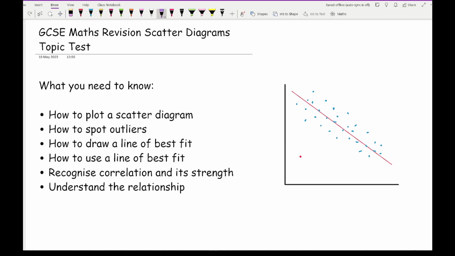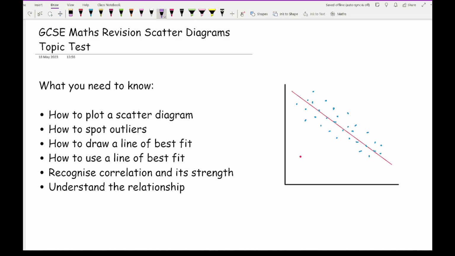The next thing you then need to know is to recognize correlation and its strength. So positive, negative correlation, know when it's weak and when it's strong. And the last thing you then need to be able to do, once you recognize that there is correlation, is to recognize the relationship. In GCSE questions there is a massive difference between how you answer a question that asks you to state the correlation and to state the relationship.